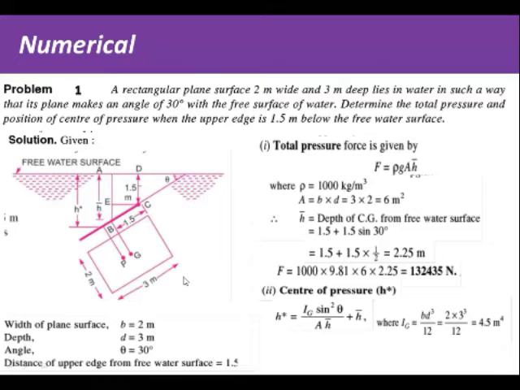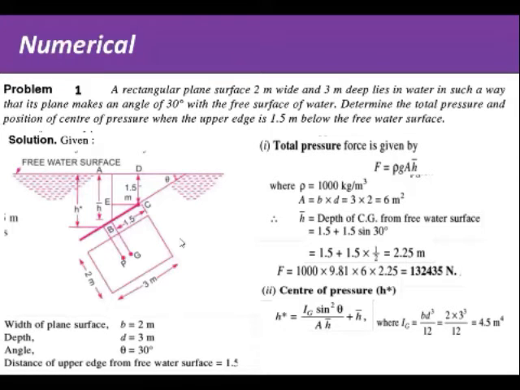So Ig equals 2 into 3 cube, parallel into perpendicular cube, divided by 12. You can solve this on a calculator. It comes out to be 4.5 meter to the power 4. Remember the unit: unit of moment of inertia is meter to the power 4.